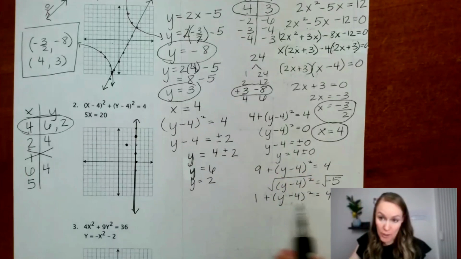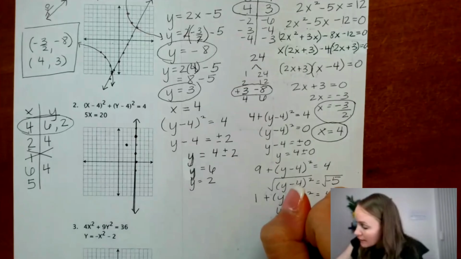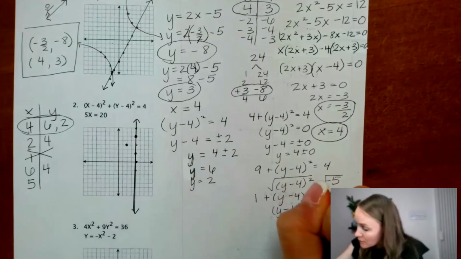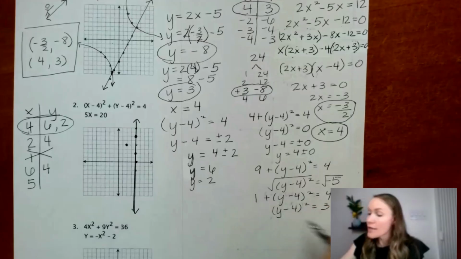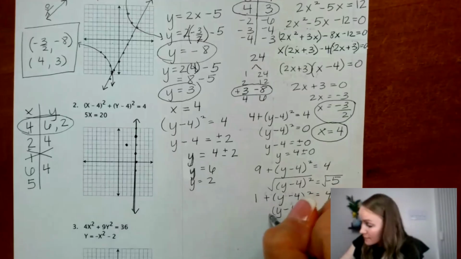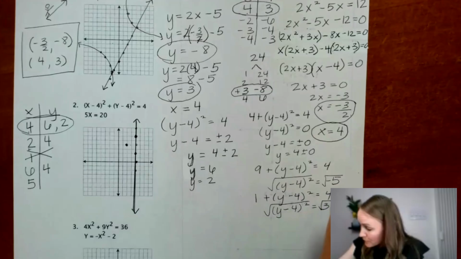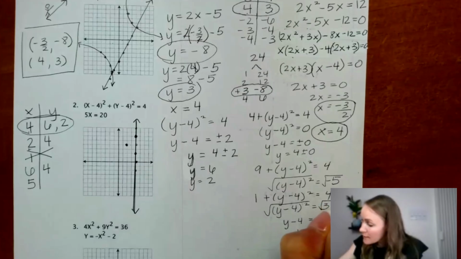I'm going to subtract 1 on both sides. Then I have y minus 4 squared equals 3. And then I square root both sides at this point. And I have y minus 4 equals plus minus root 3. And then I have y equals 4 plus minus root 3.